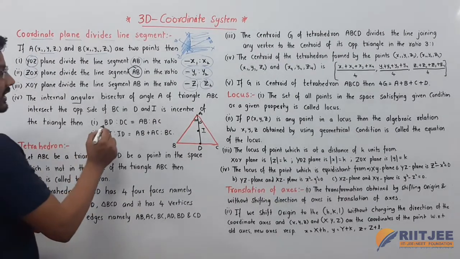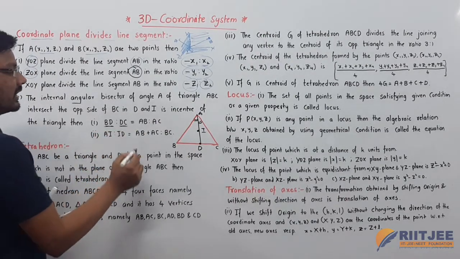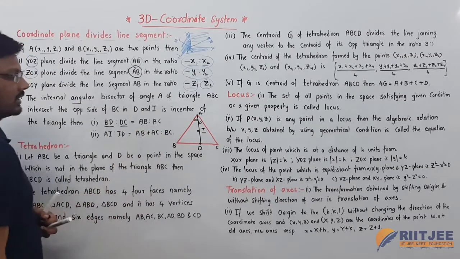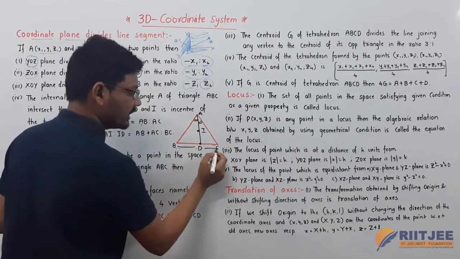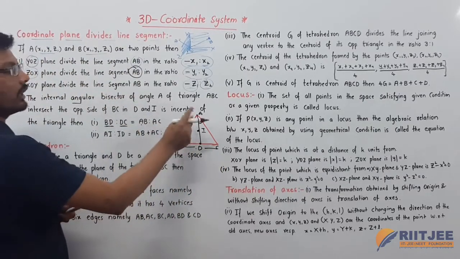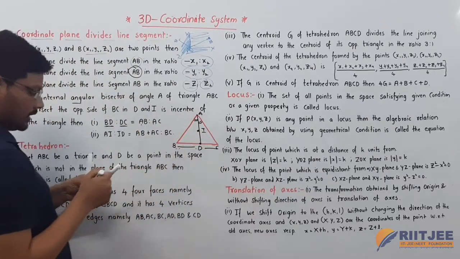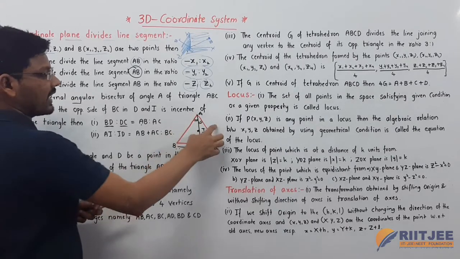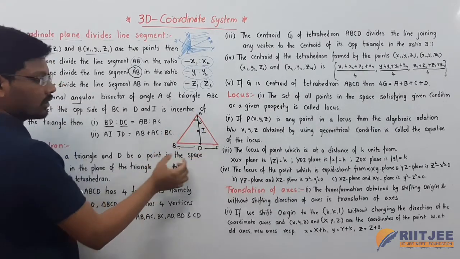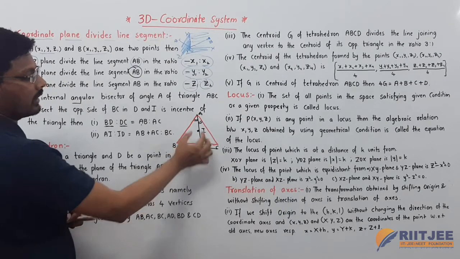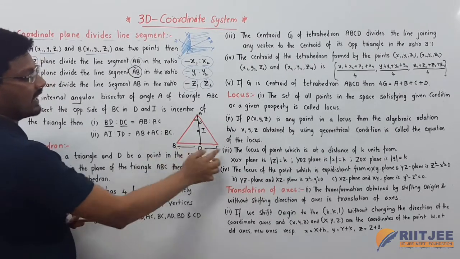Then the first condition is BD is to DC equals AB is to AC. The ratio BD is to DC is always equal to AB is to AC. So the ratio of the sides AB to AC is equal to the ratio in which the point D divides the side BC.